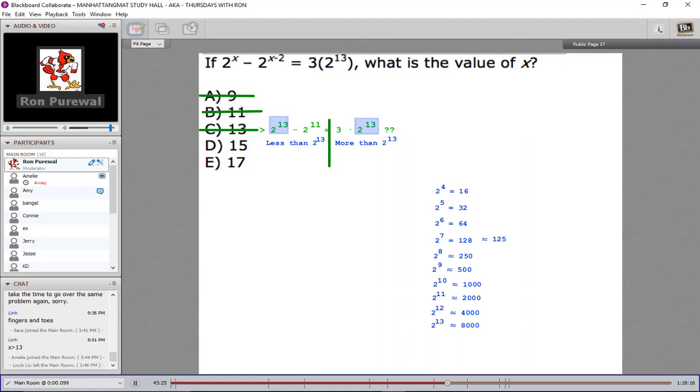You can just write these out in your scratch work. 2 to the 14th is approximately 16,000. 2 to the 15th is approximately 32,000. And we are only going up to 2 to the 17th, so this doesn't really take that long. That's not very painful.